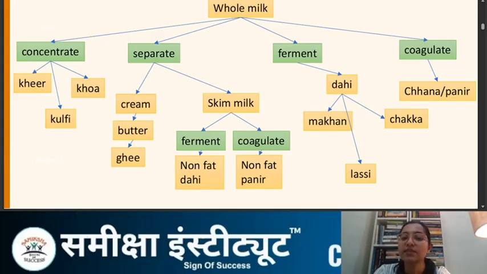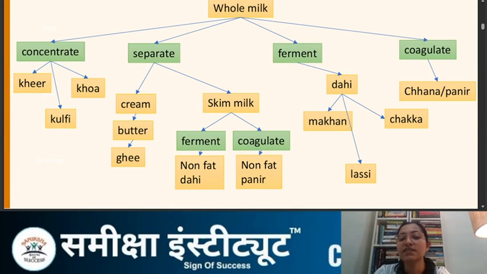So from the skim milk, again you can go for two processes. Either you can ferment it or you can coagulate it. As said earlier, fermentation produces dahi, whereas coagulation produces paneer.